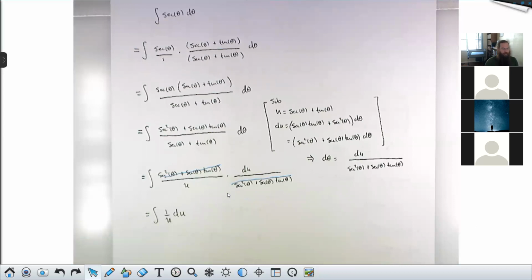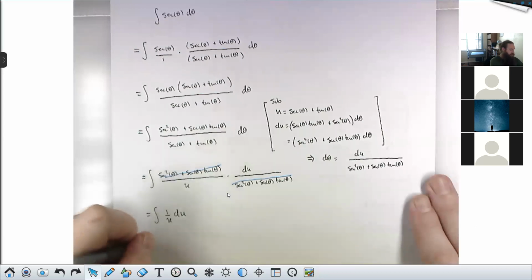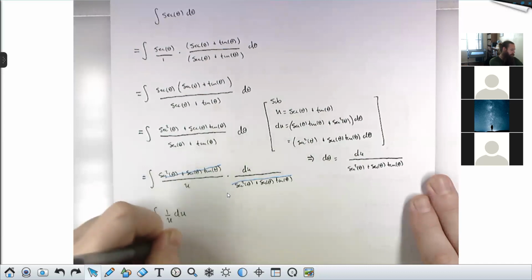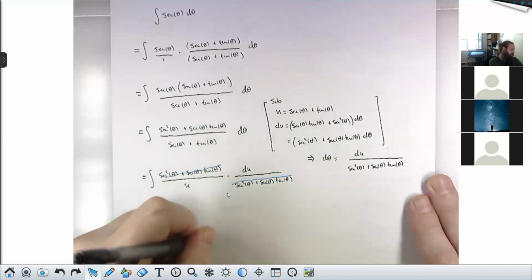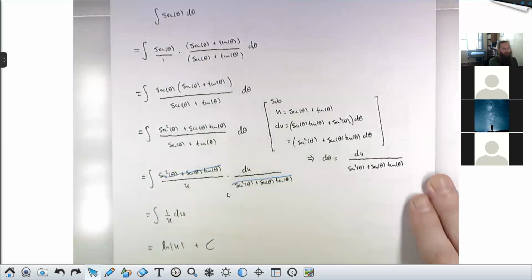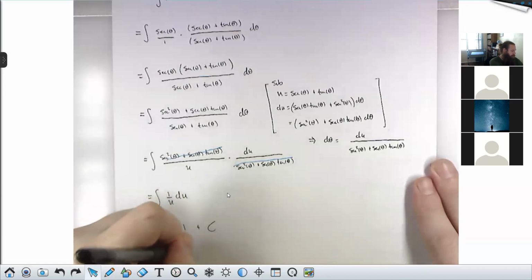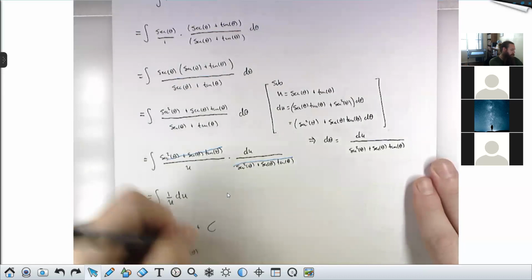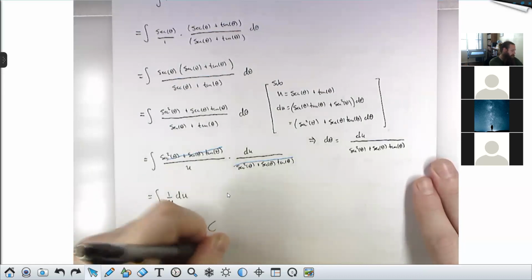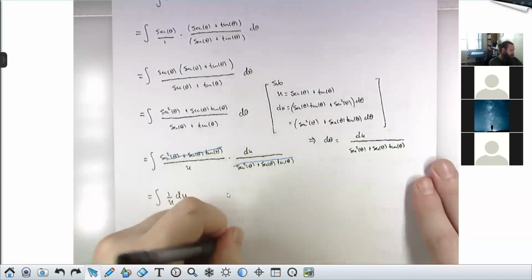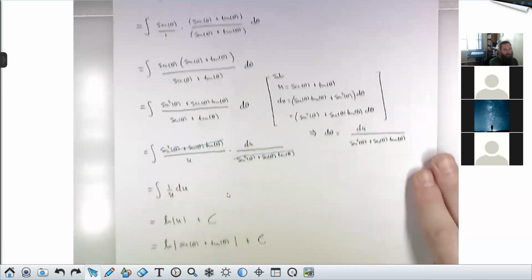And the integral of 1 over u du is still the natural log of the absolute value of u plus a constant, which is, plugging back in because it's an indefinite integral, the natural log of the absolute value of secant theta plus tangent theta plus c.